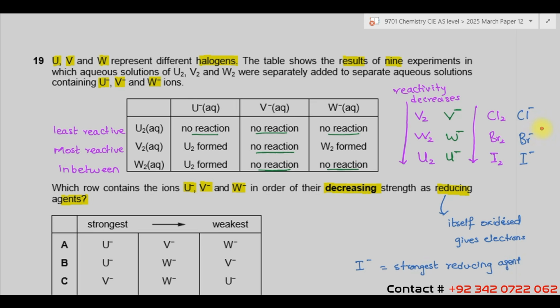So down the group, reducing strength increases. So iodide is the strongest reducing agent, which is U minus. Chloride will be the weakest reducing agent, which is V minus. So correct option is B.